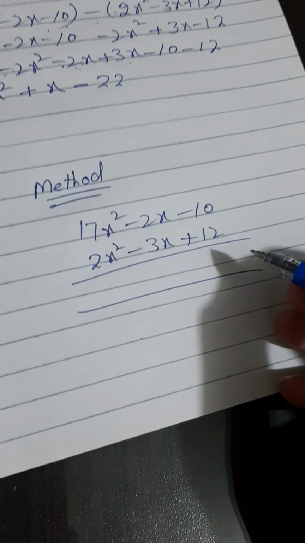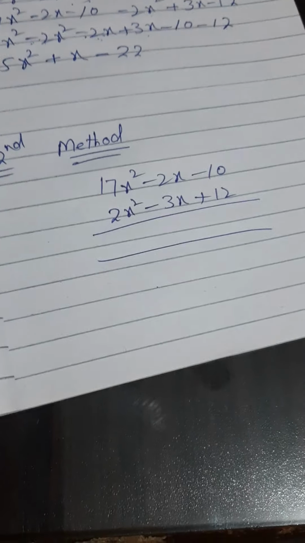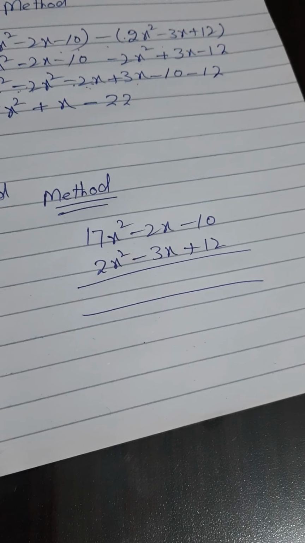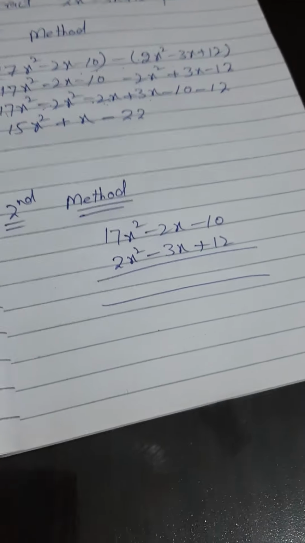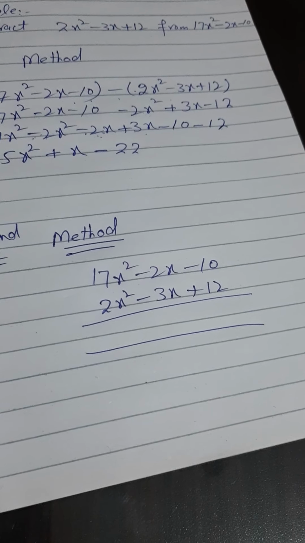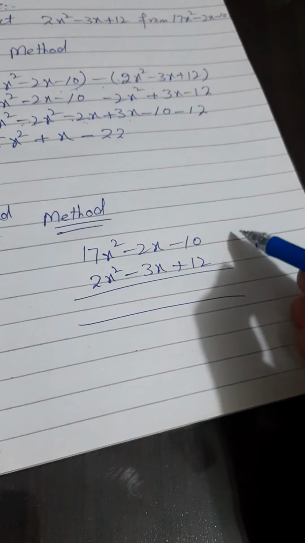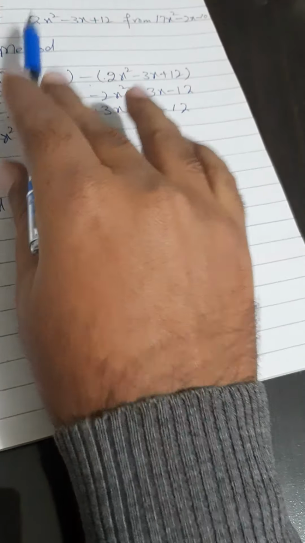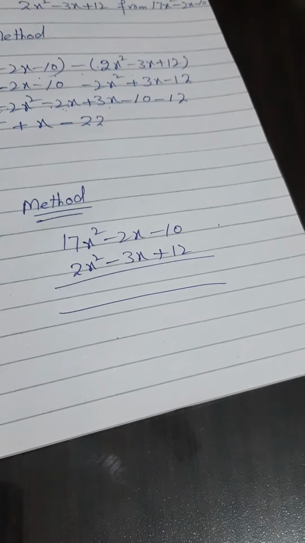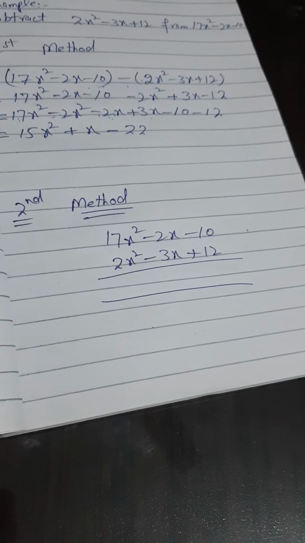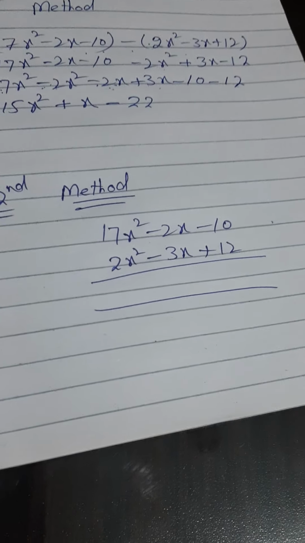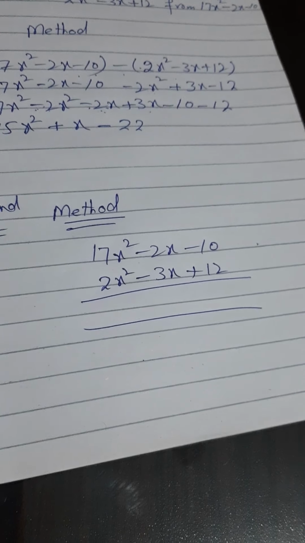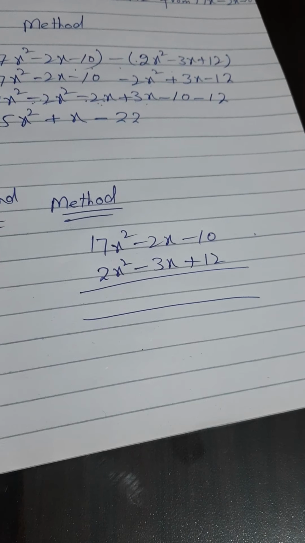It's the vertical method. So in this way again you have to remember that the expression after "from" you have to write first. So we have written 17x square minus 2x minus 10 first, then we write the second expression. But there is one additional step in subtraction: first of all we have to change all signs of the second expression.